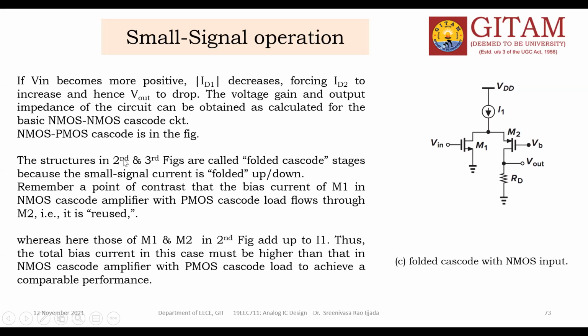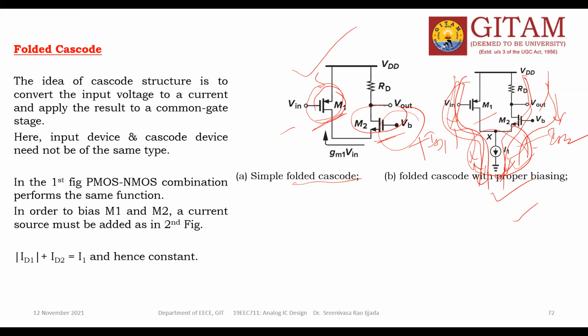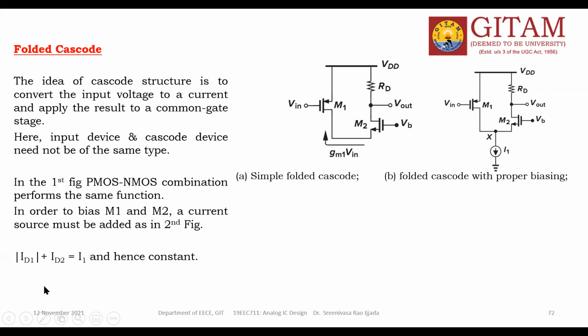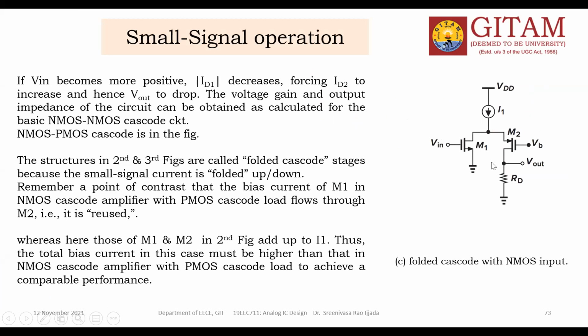Suppose you take the second picture and third picture. In the second picture, your input device is PMOS and the cascode device is NMOS. In the third picture it is reversed: input is NMOS and cascode device is PMOS. Both circuits need biasing, no doubt at all.